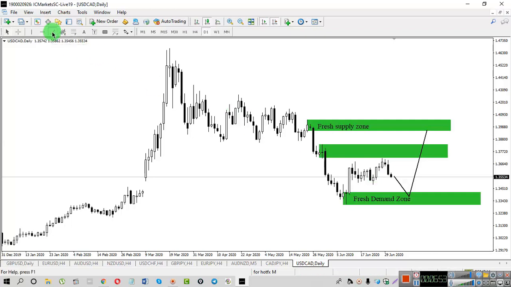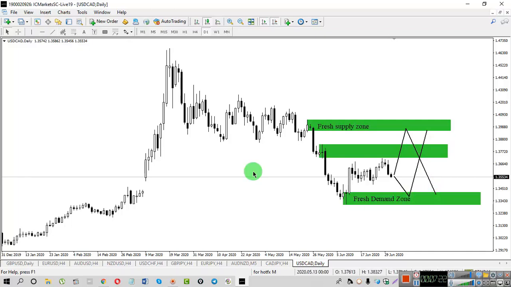If you are looking for the sell entries, please do not sell at this level, because it is already tested. Please wait for market to hit this fresh supply zone. We can sell this market from this supply zone, and our final target should be this demand zone.